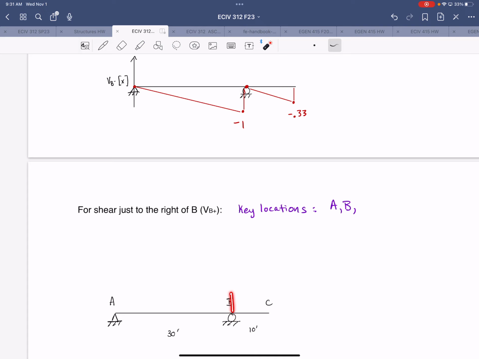So in addition to being a support, this location B also counts as immediately before the cut. And then we also have to apply that unit load immediately after the cut, and then, of course, at the free end. So we'll say A, B, B plus, and C are now the locations of interest.